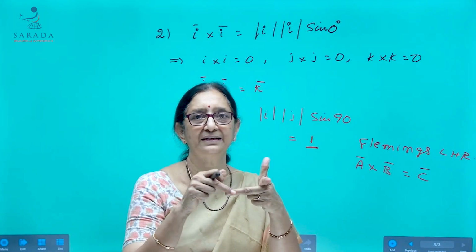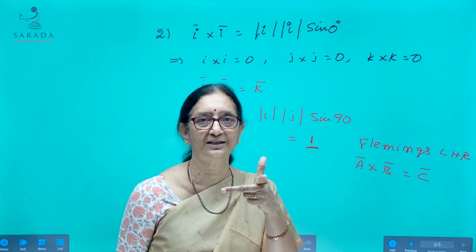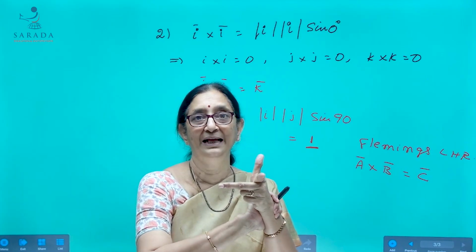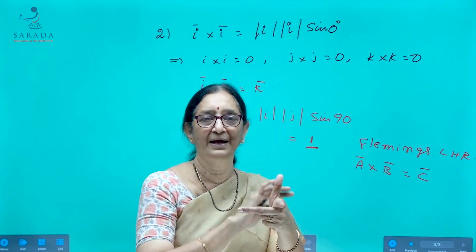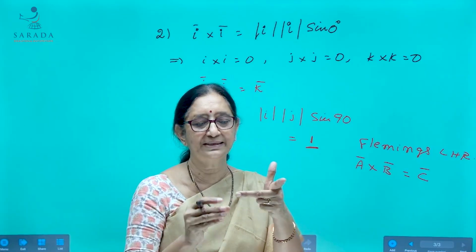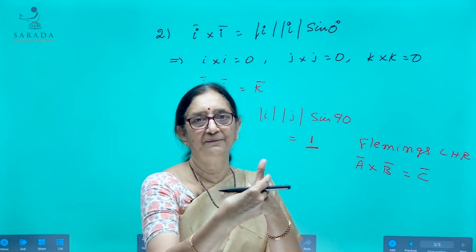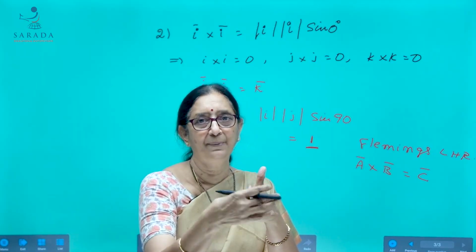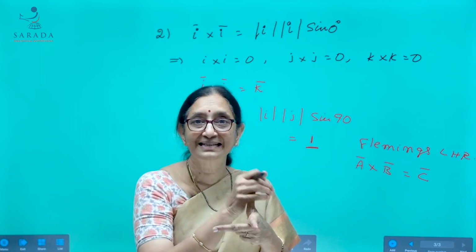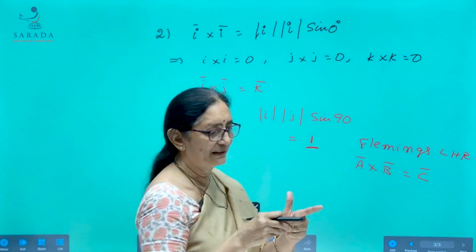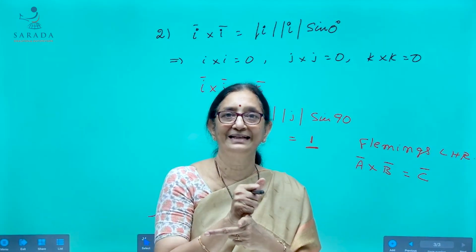The three fingers are stretched at right angles to each other. It has to be the left hand because it is Fleming's left hand rule. Then the center finger represents A bar, the forefinger represents B bar, and the thumb represents C bar. So, A bar cross B bar is equal to C bar.